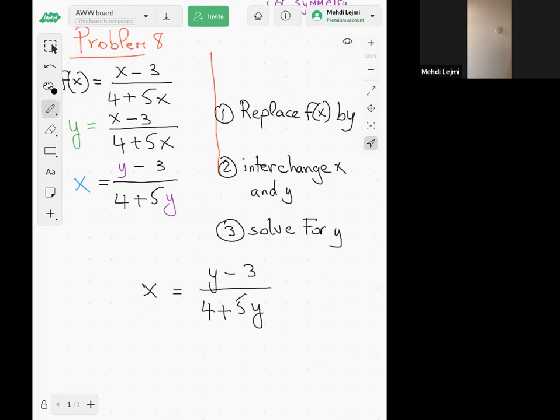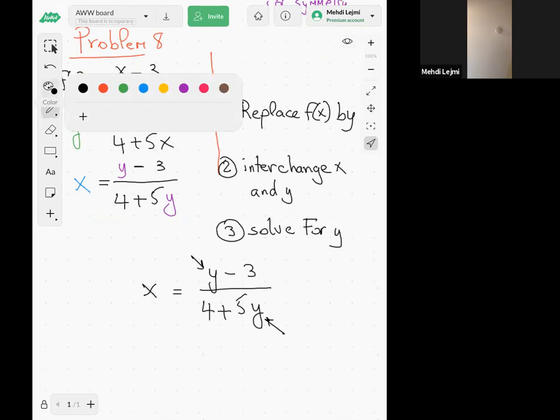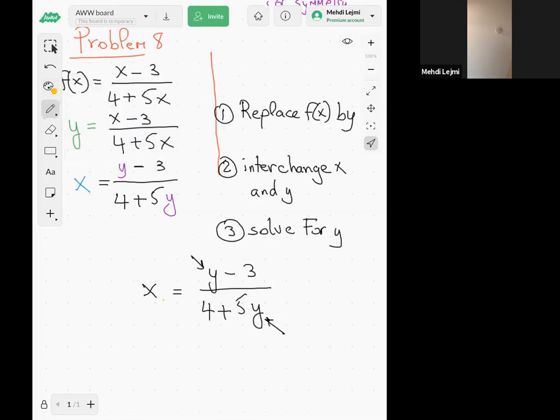The thing is, you have y in the numerator and also in the denominator. The easiest thing to do is, because you have a fraction on the right side, I'm gonna make the left side look like a fraction. So I'm gonna divide x by 1. Now both sides are fractions.